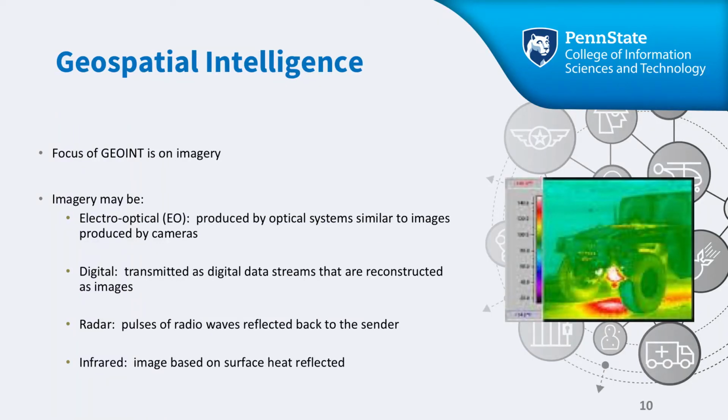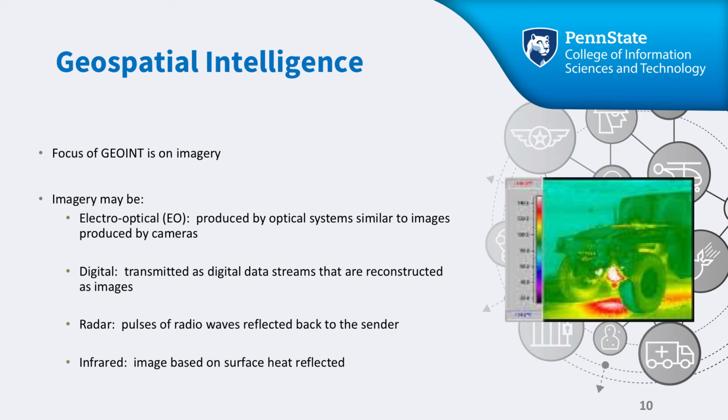We will start with geospatial intelligence. The focus of GeoInt is in fact on imagery. For a time it was actually called imagery intelligence, or IMINT. Now the imagery may be of various types. It may be what's called electro-optical, produced by optical systems similar to images produced by cameras, high-altitude spy planes, satellites taking imagery.